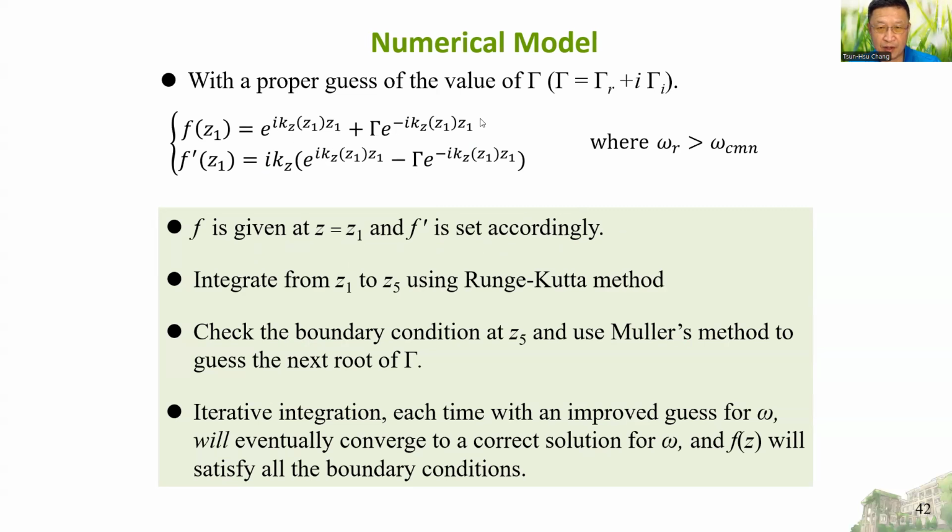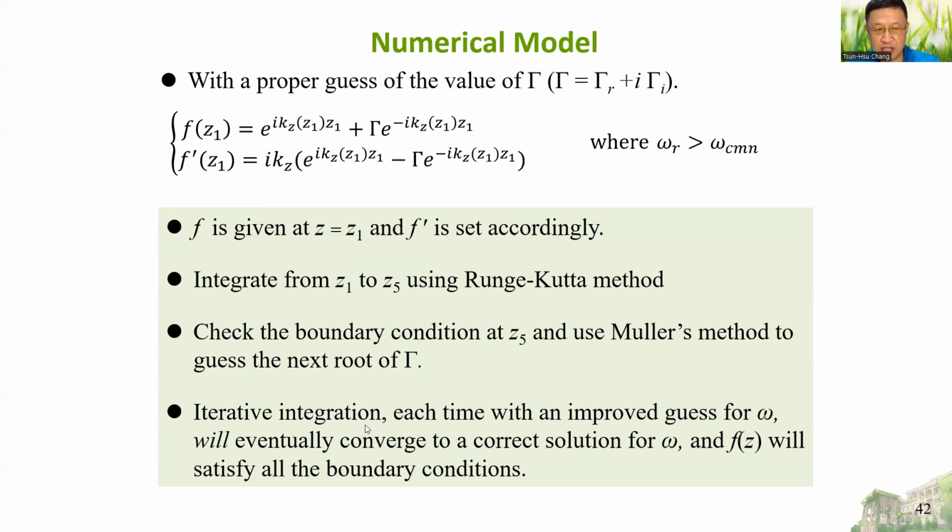Once we know this, we integrate from Z1 to Z5 using the Runge-Kutta method. We also check the boundary condition at Z5 using Muller's method to guess the next root for gamma, the reflection coefficient gamma. Gamma is complex. Keep this in mind.